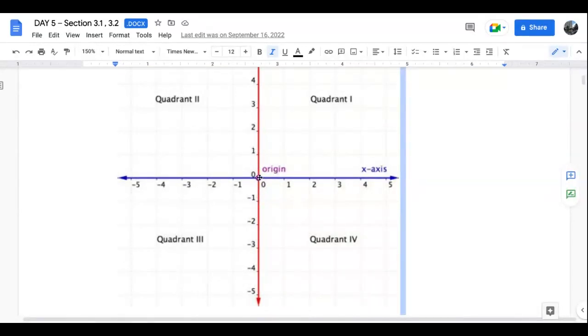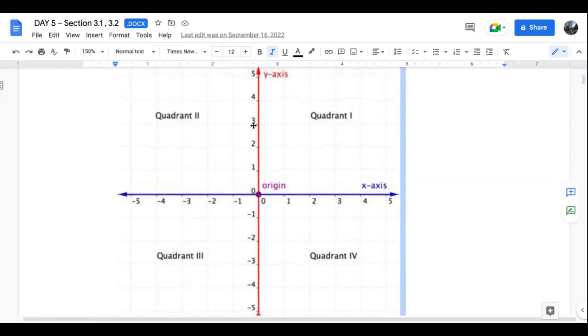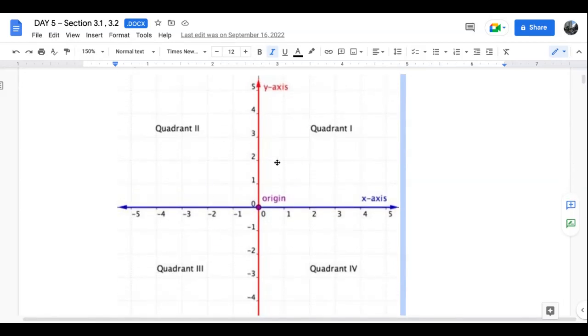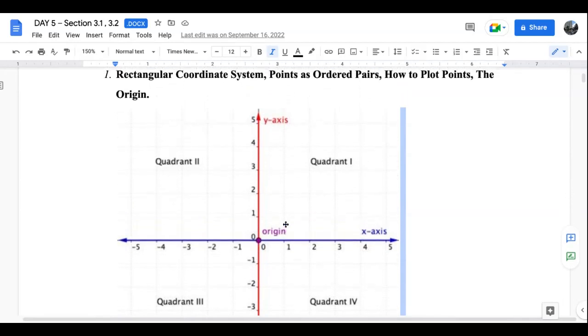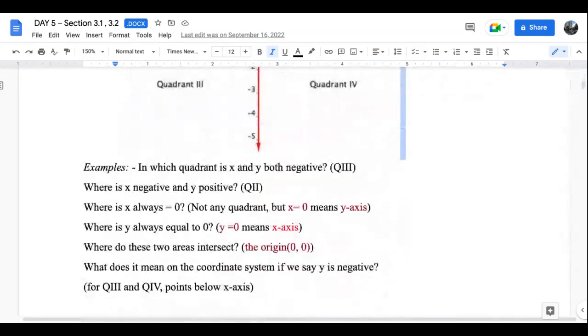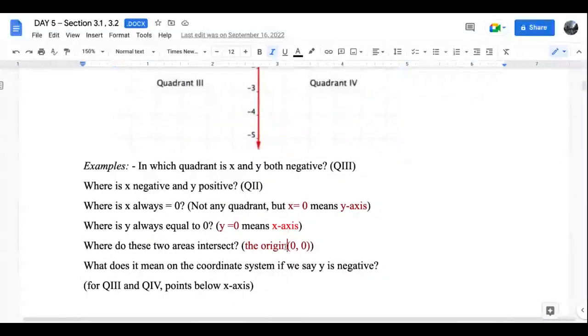Down below 0, negative values. From 0 up, positive values. So we use this coordinate system to record two-dimensional data, x value and y value. Usually we use open parentheses, 0, 0, close parentheses to represent the origin.